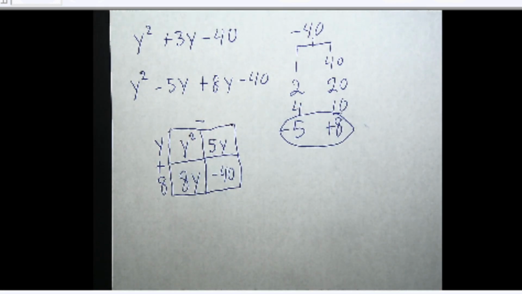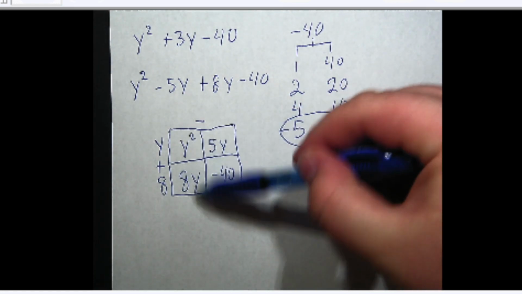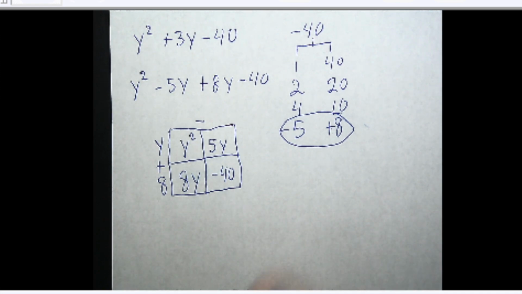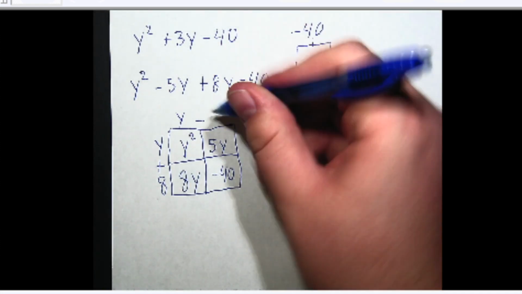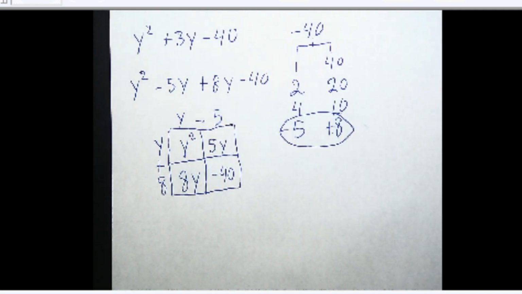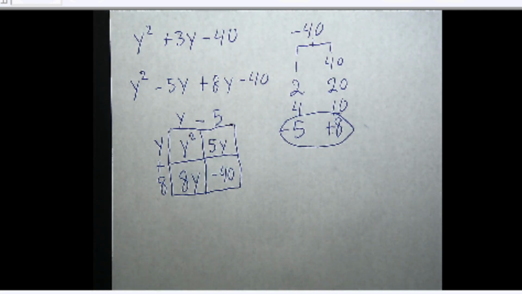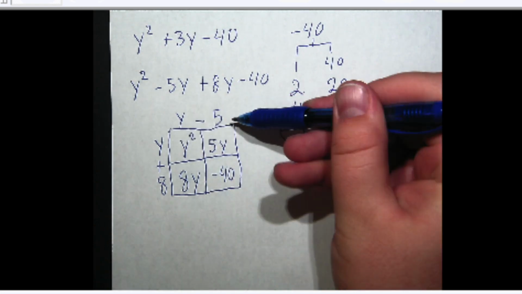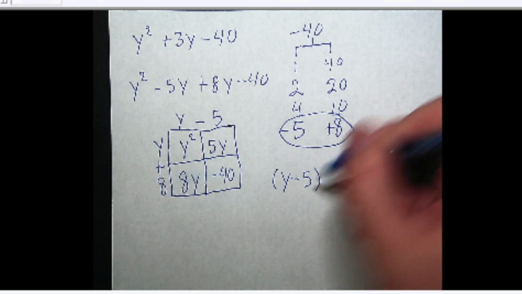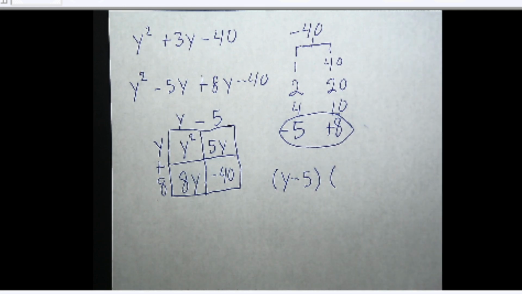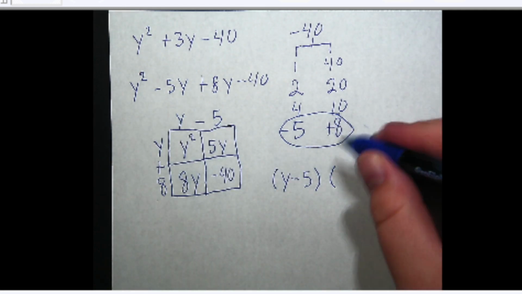They can both be divided by 8. This column. Y. This column. 5. Perfect. So our two factors, again, one of them is across the top, y minus 5. And then the other one is down the side, y plus 8.